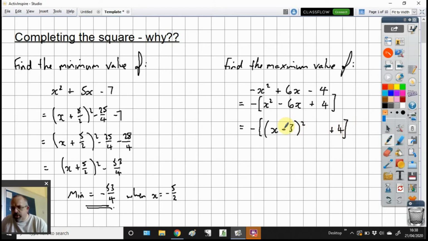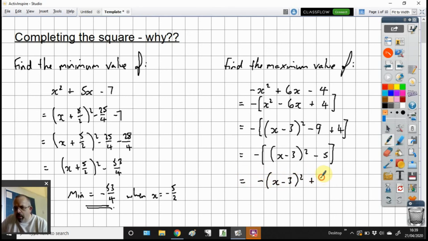There's a positive 9 hiding in here, which we don't want, so we'll subtract it. We've got negative (x - 3) all squared, take 5. And so if we re-expand, multiply through by minus 1, we've got negative, open a bracket, (x - 3) all squared, plus 5.